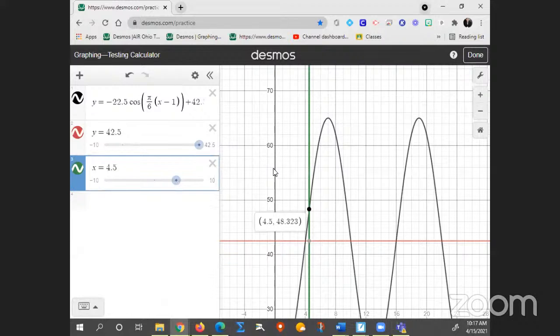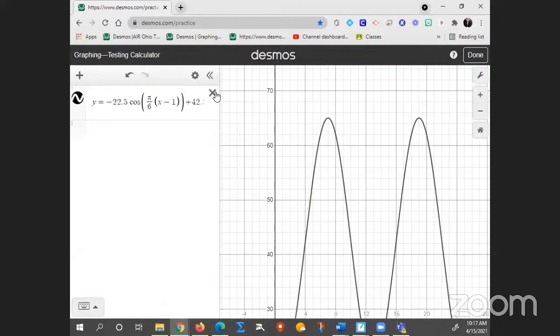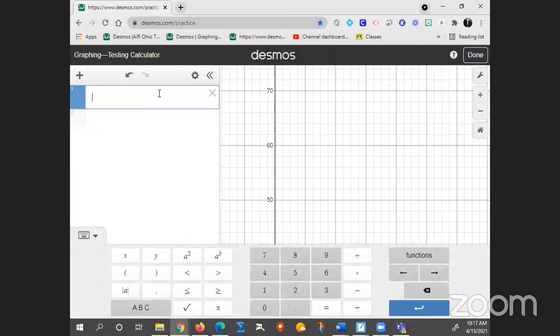So let me get rid of this real quick. I'm going to write it like this: h of t equals 6 cosine of pi over 7, parentheses of x minus 1, and then plus the 8.